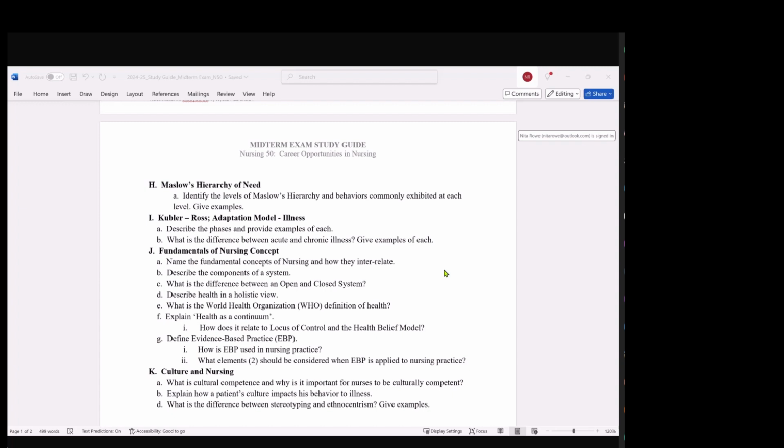Why is evidence-based practice important in nursing and in healthcare in general? Because what we do as nurses is based on research, it's based on study, it's proven through literature, research, pilot studies.